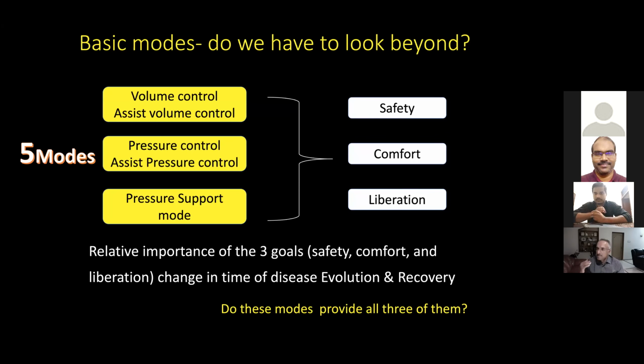Understood? Just because you don't have a fancy mode, don't think you can't ventilate a patient. In fact, most of the studies have proven that more than 80% of the patients in the ICU are always on the basic modes only. So the work can be done. It necessarily doesn't mean that you require to have a fancy mode. As I have said, all your fancy modes are based on only these modes.